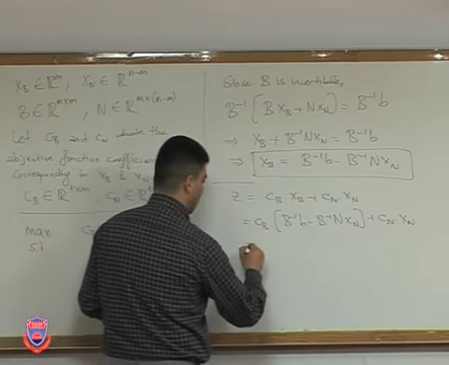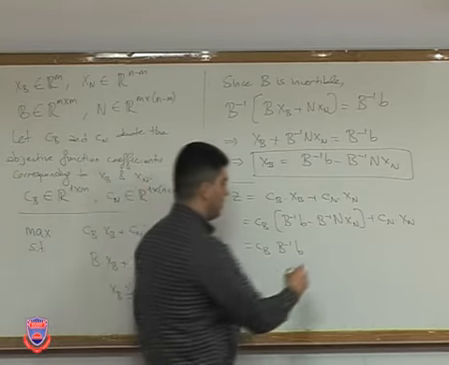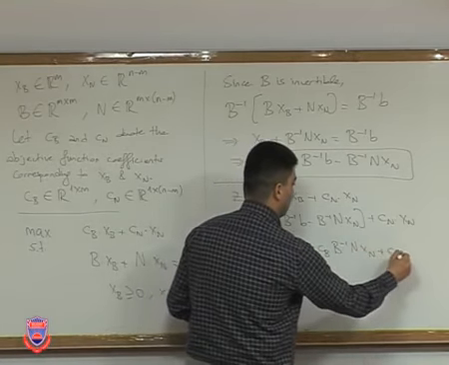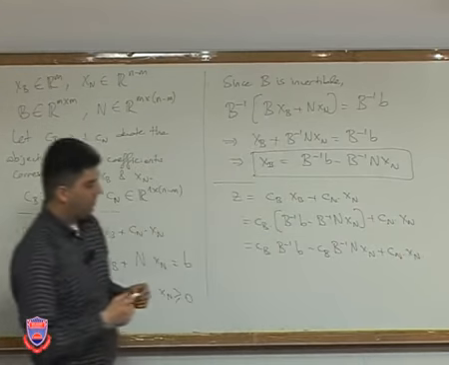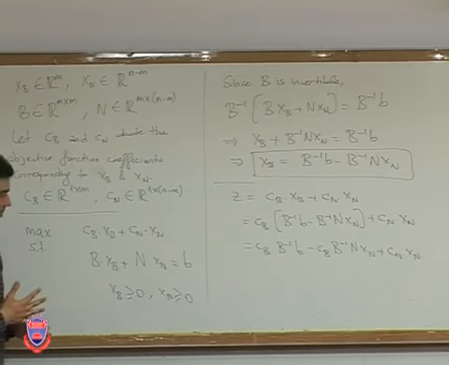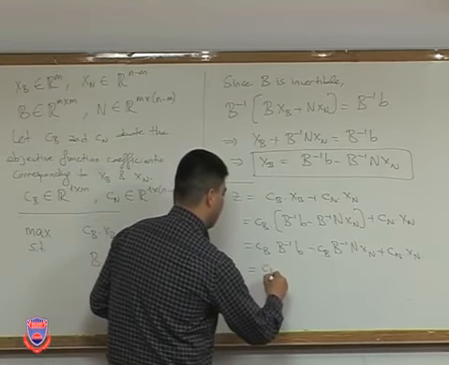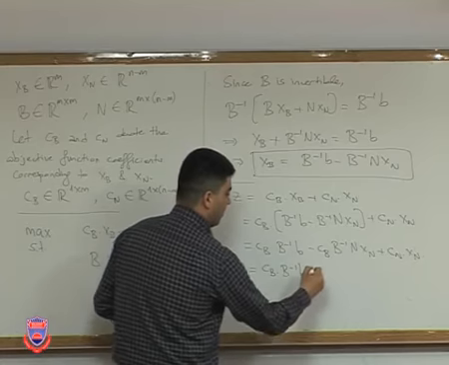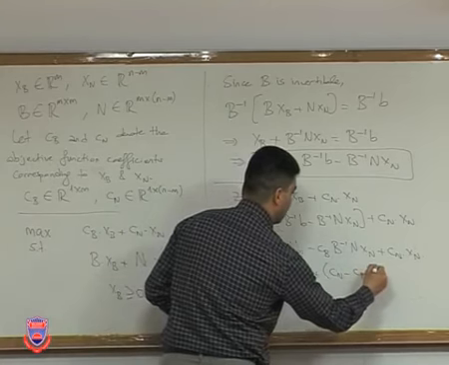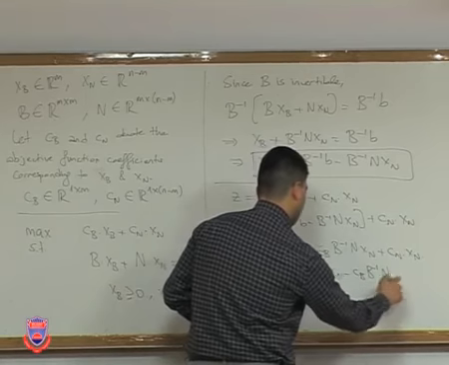All right, so now I'm going to work this out a little bit. So I have CB times B inverse times b for the first term, minus CB times B inverse times N times Xn plus Cn times Xn. Okay, simple algebra. All right. So then I'm going to write this CB times B inverse times b plus, I'm going to write it in this way, Cn minus CB B inverse N times Xn.